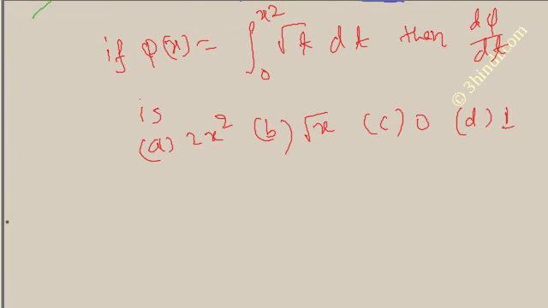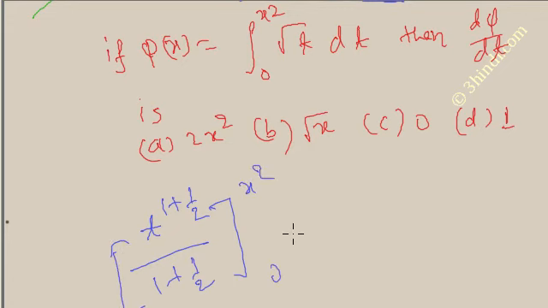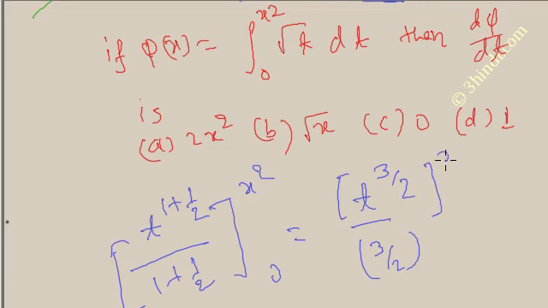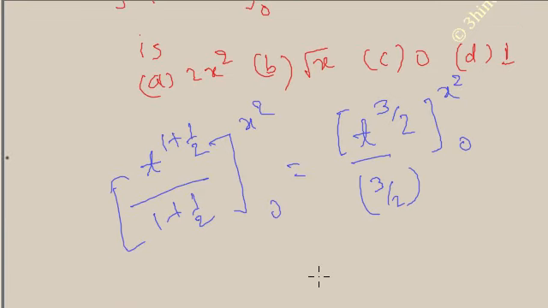First of all, the integration of t to the power 1 by 2 is t to the power 1 plus 1 by 2 divided by 1 plus 1 by 2, and you put x square and 0. So the integration will be t to the power 3 by 2 divided by 3 by 2, with limits x square and 0.